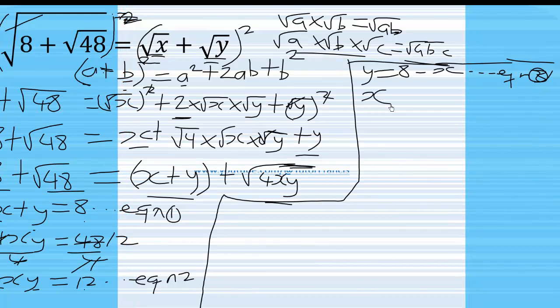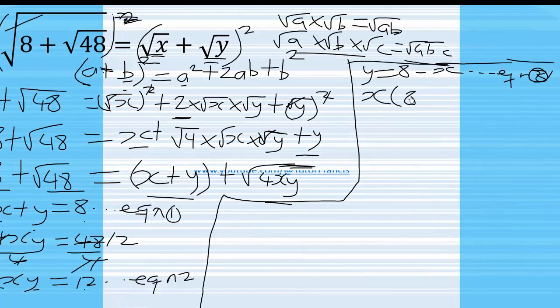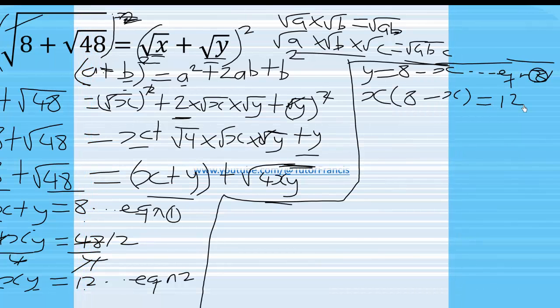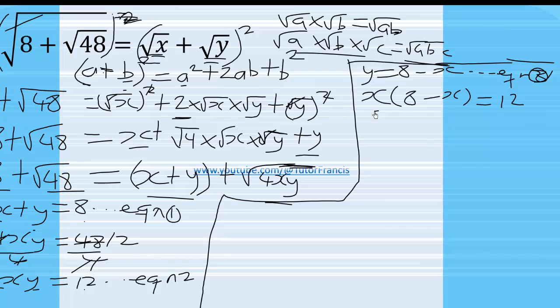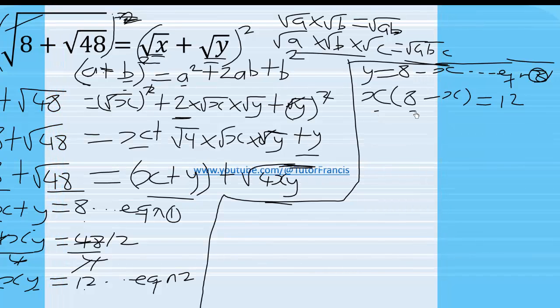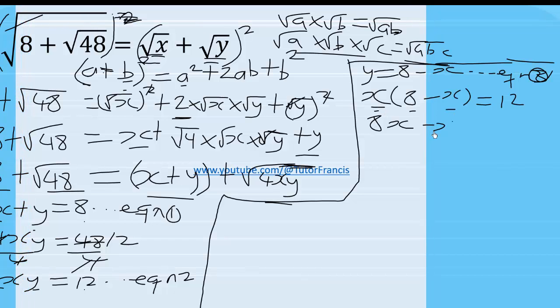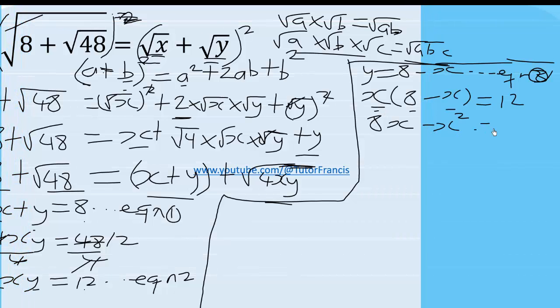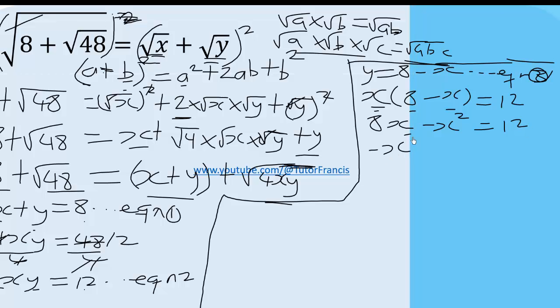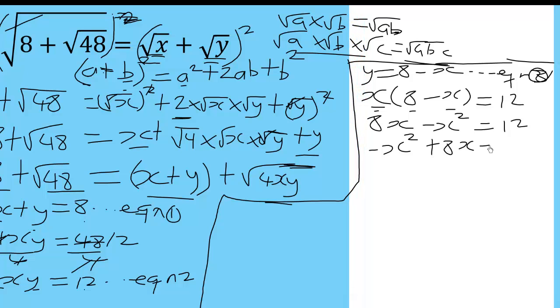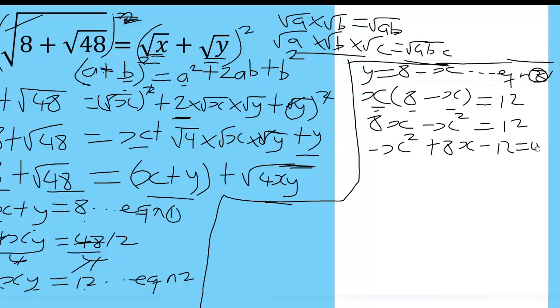So x times y, the y is now 8 minus x, is equal to 12. We expand. x times 8 is 8x. x times x is x squared. So we have negative x squared plus 8x minus 12 is equal to 0.